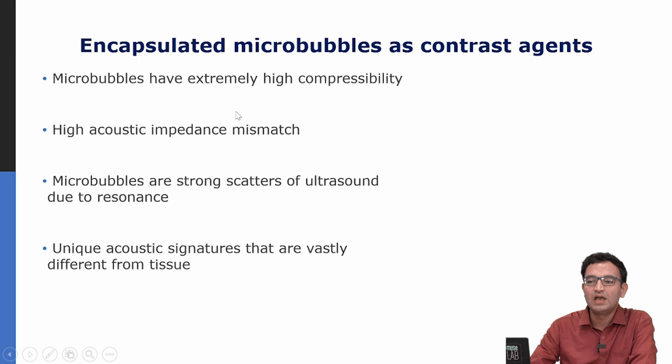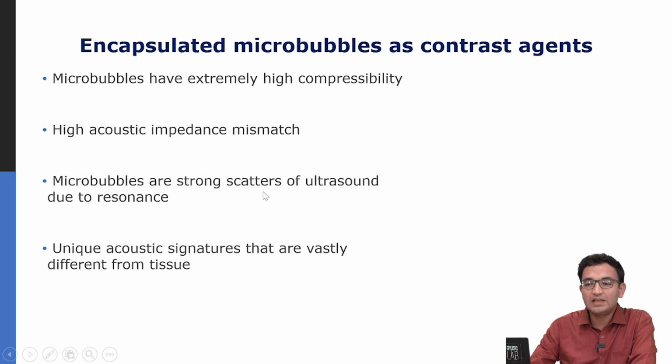Now, in this case, when it comes to interaction of microbubbles and ultrasound, microbubbles are highly compressible, and they also, being filled with gas, have low density and low speed of sound in the gas, and because of which the acoustic impedance of these microbubbles is low compared to the surrounding media, and therefore there is a high impedance mismatch and a strong backscatter.